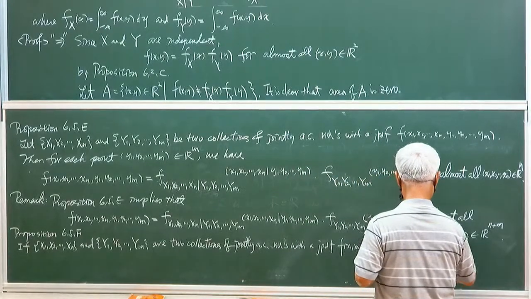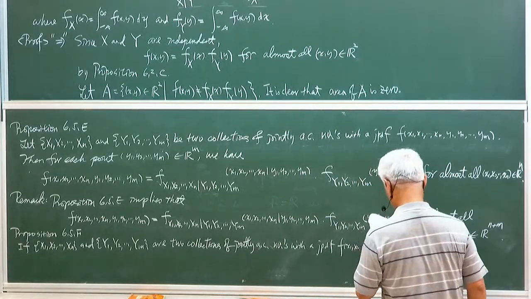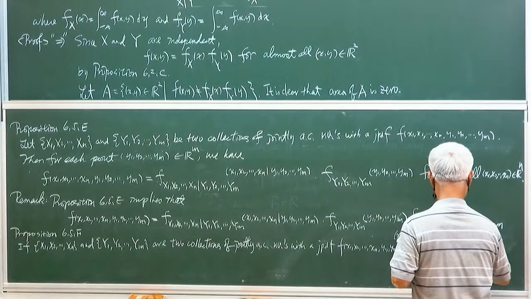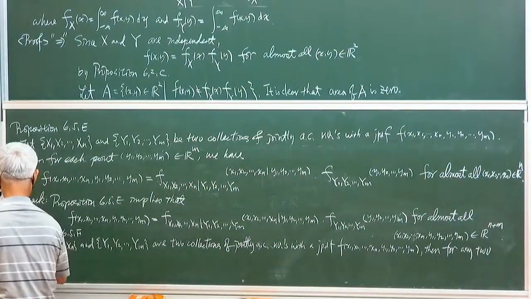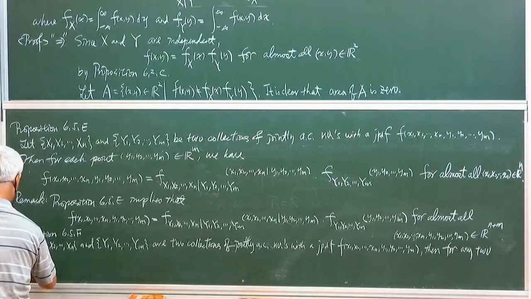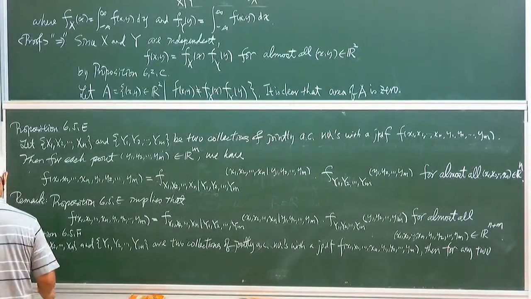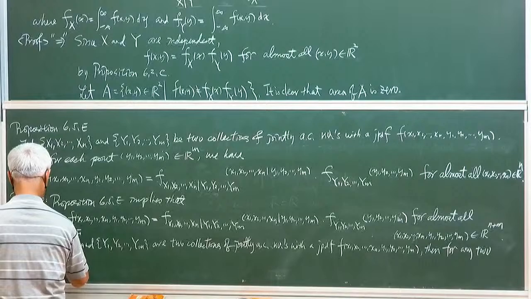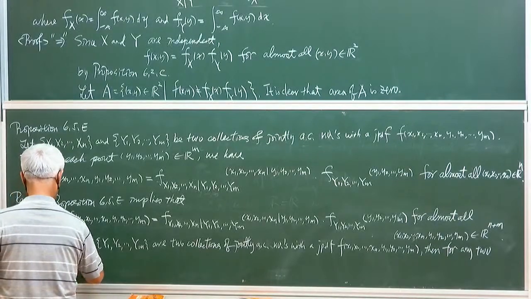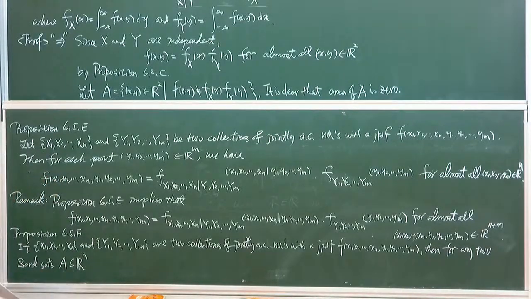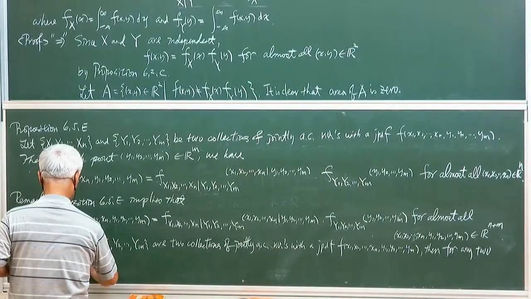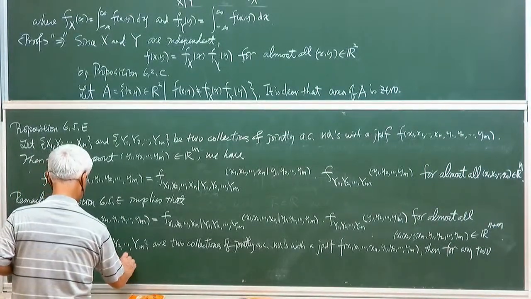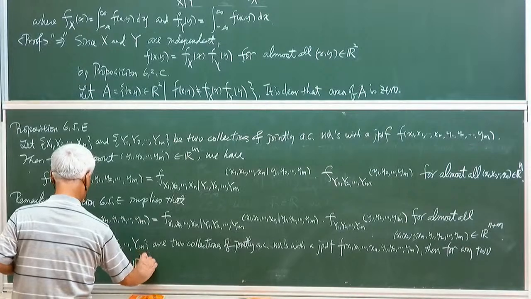Then for any two Borel sets, A contained in R^n, so A is the n-dimensional Borel set, and B is the m-dimensional Borel set.